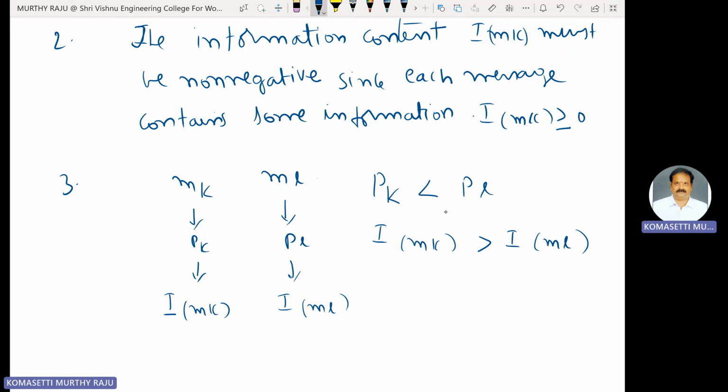The probability of such lth message is more than the probability of occurrence of that kth message. The kth message probability is Pk, lth message probability is Pl. Therefore, the information content of a message having higher probability of occurrence is less.